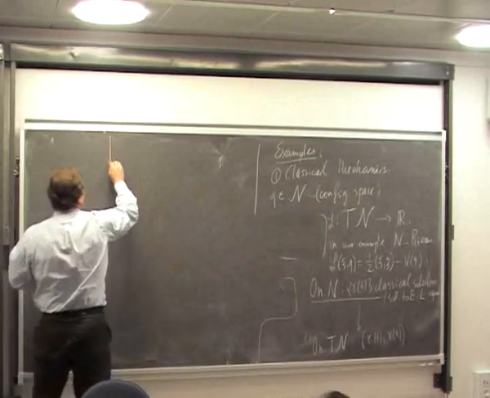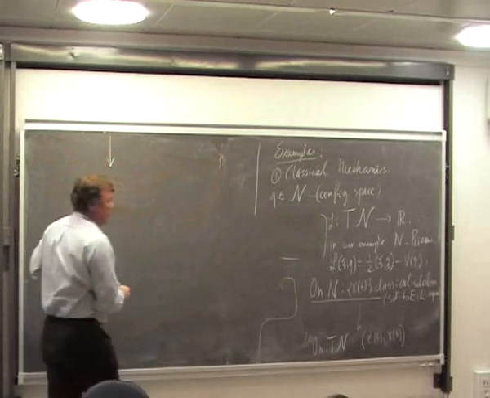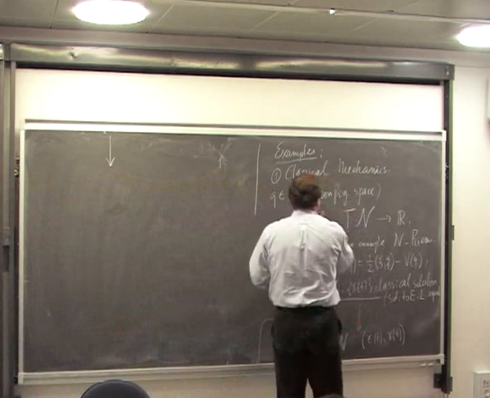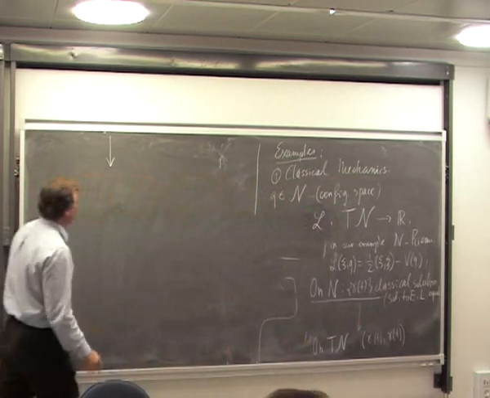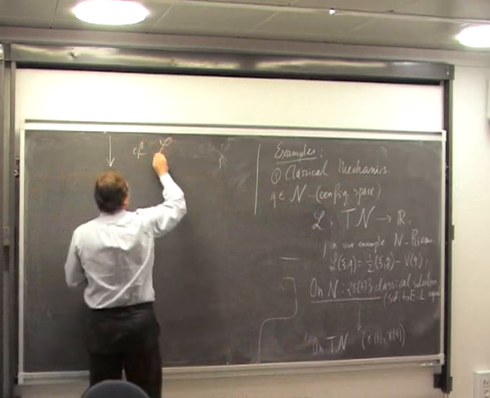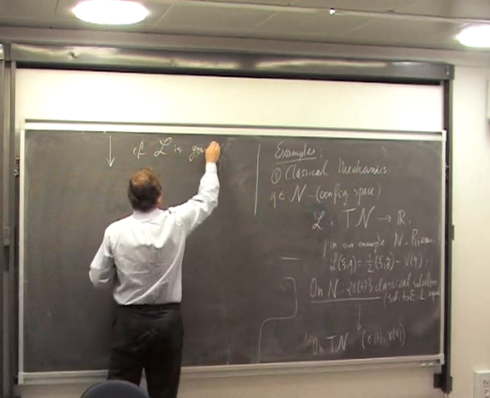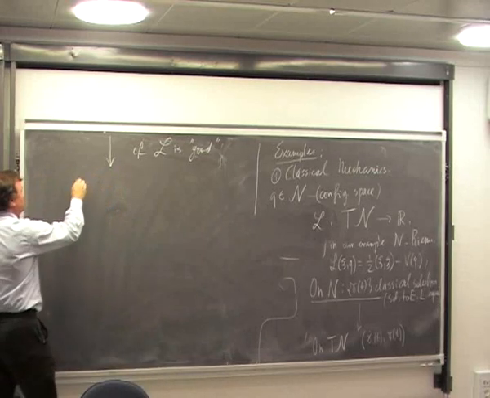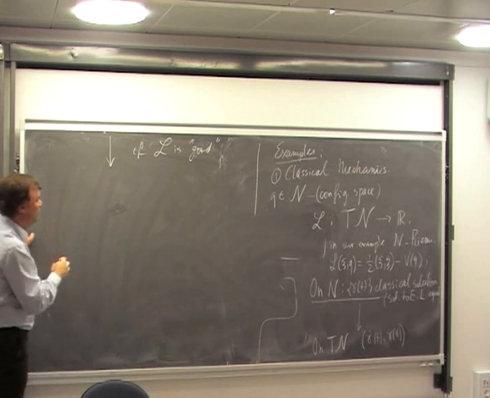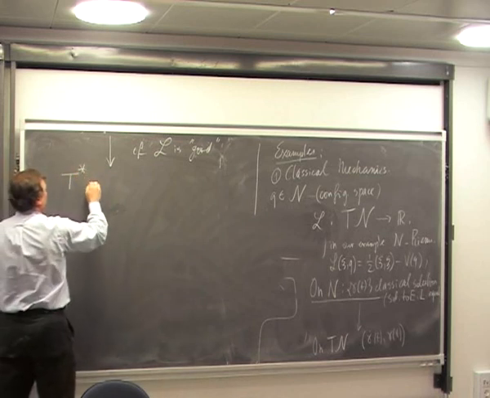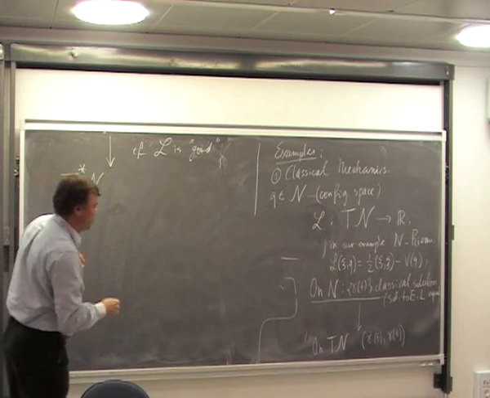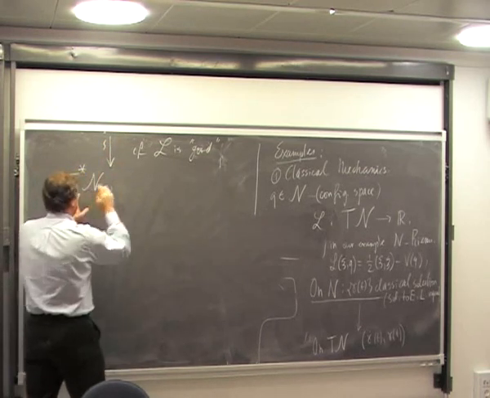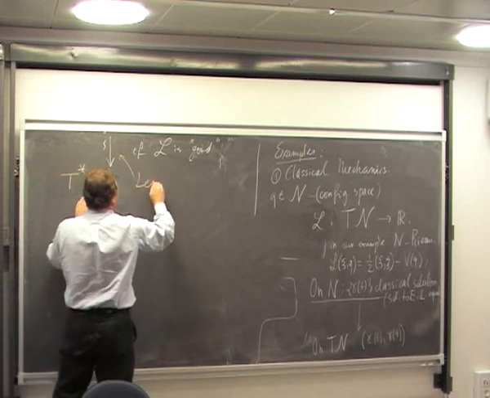But then there is a natural passage: once you have a function L on the tangent space, if L is good, you can pass to the cotangent space, and this is called the Legendre transform.